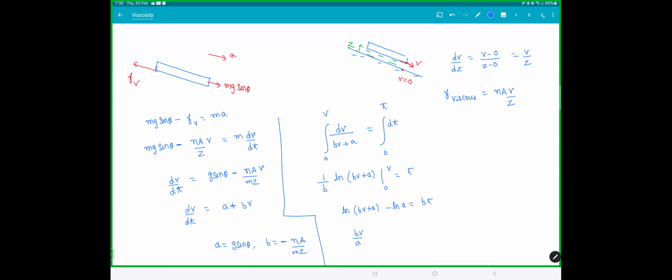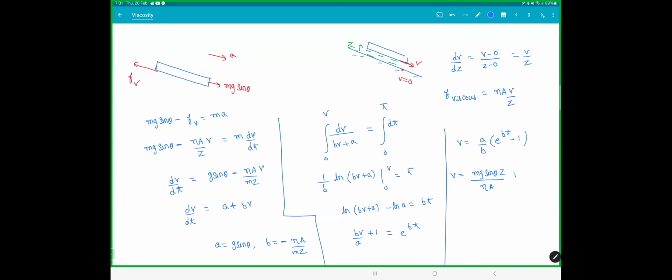This will be bv by A plus 1 is equal to e power bt. So you get v is equal to A by b into (e power bt minus 1). Substitute the values again. So A by b will be mg sin theta z by eta A. The minus sign will be there, that I'll push it inside.